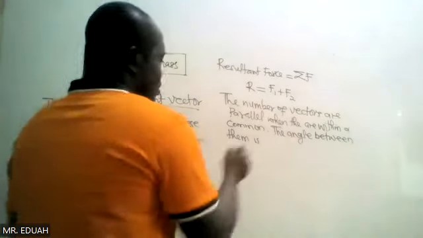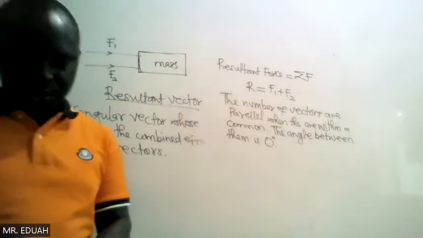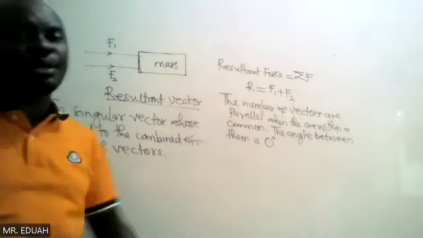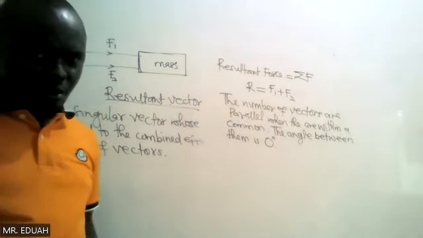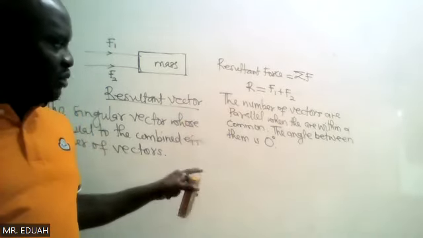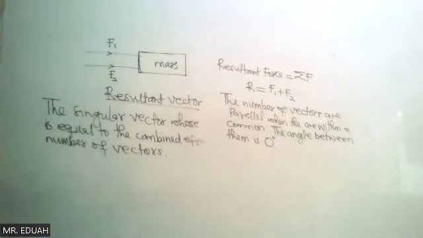Yes. So when two vectors or vector quantities are parallel, the angle between them is 0. So when the angle is 0, the resultant force is equal to the summation of all of them.